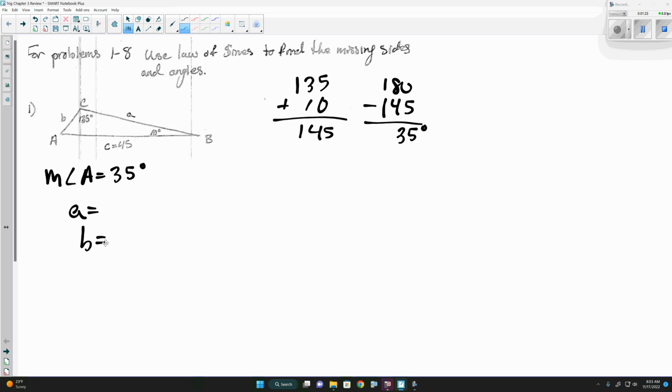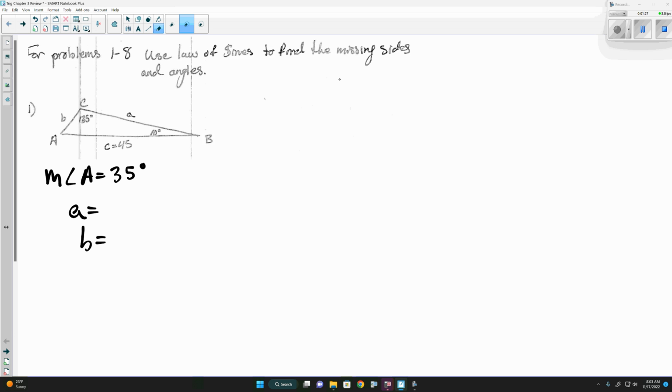Now, to find side length A and B, we're going to use law of sines. The one we'll end up using is a over sine of A is equal to b over sine of B is equal to c over sine of C, because when we have little a, little b, little c on top, we're solving for a missing side.